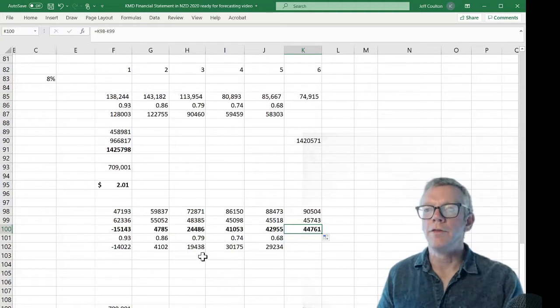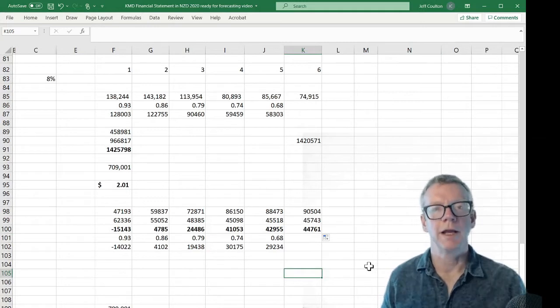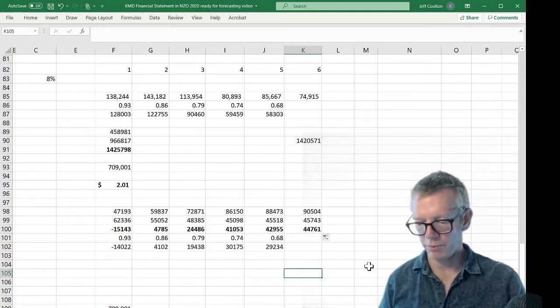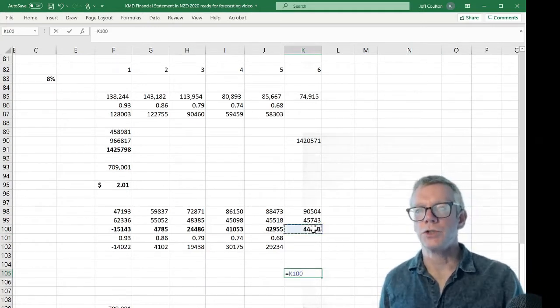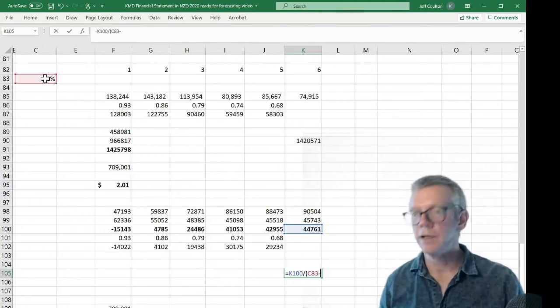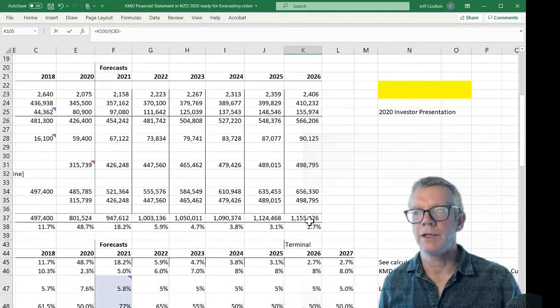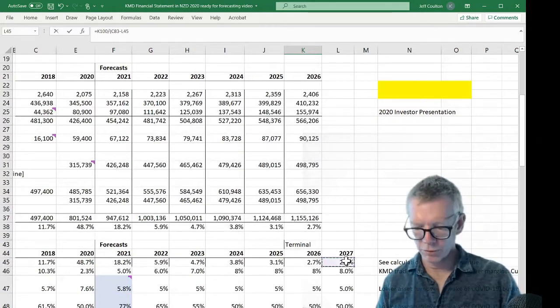So the future value of residual income, again, this is our growing perpetuity. It's residual income divided by R minus G. R is still 8%. We've still got the same growth rate. Let's scroll our way back up, and it's sales growth, the 2.7.